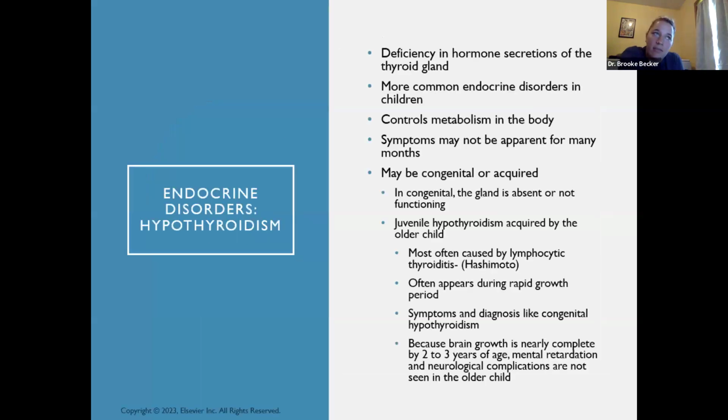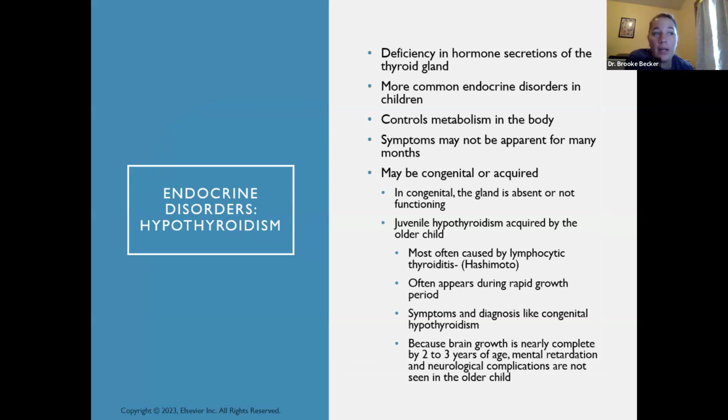Hypothyroidism. This is a deficiency in the hormones of the thyroid gland. It's one of the most common endocrine disorders. The thyroid helps control the metabolism in the body, so if you're low thyroid, then it's not functioning appropriately.